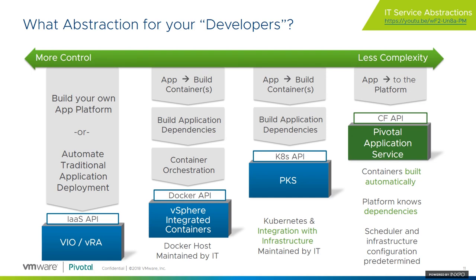Bottom line is, on the right-hand side, for the consumer, there's a lot less complexity. You don't even have to worry about building a container. But on the left-hand side, we've got ultimate control. And then we've got some things in between. So I'm not here to mandate that we should focus on any given one of these. There's never one right answer. There's probably a multitude of answers depending on where you are on your application journey, so to speak.